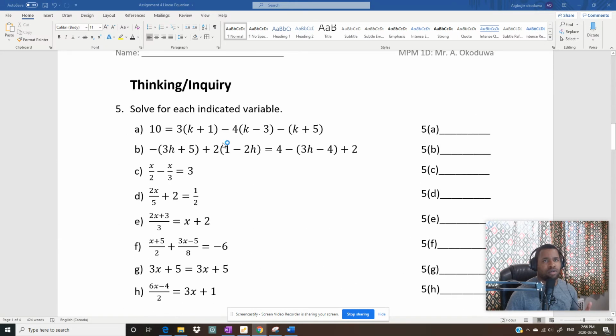And then here we're going to look at thinking and inquiry, where you're going to be given much broader question type expressions, and your goal is to be able to use various skills that you acquired from previous lessons, like for example from chapter 2, where we talked about distributive properties, where if you have a value outside the bracket, you have to share that constant to like terms and also take like terms into consideration.